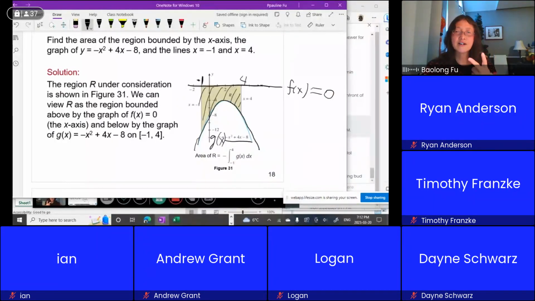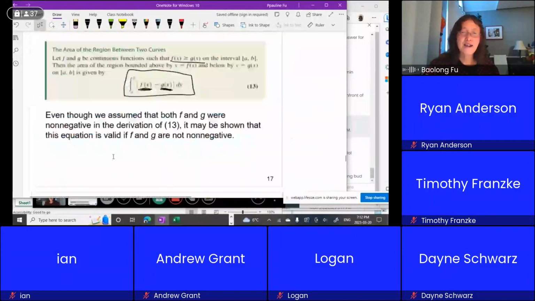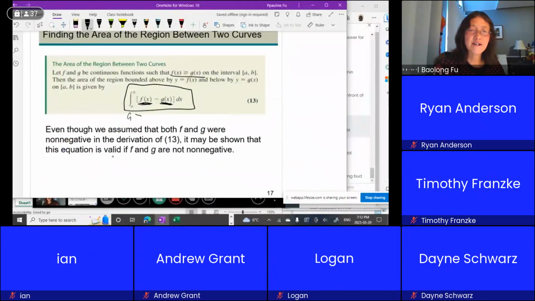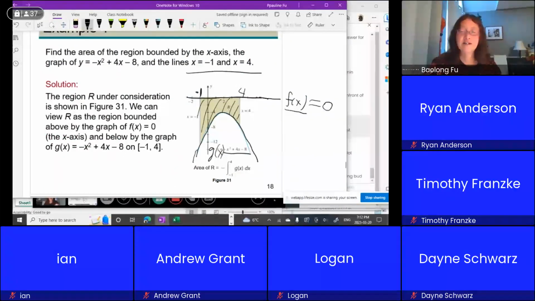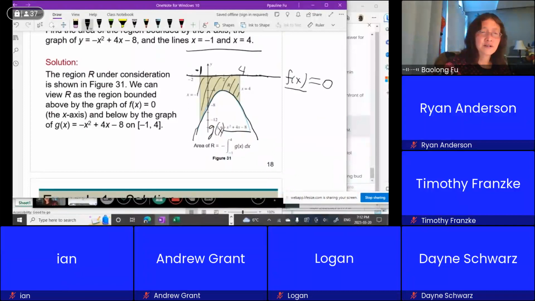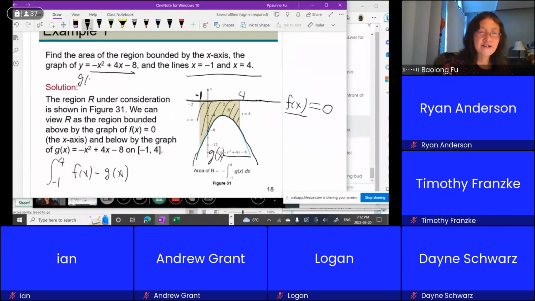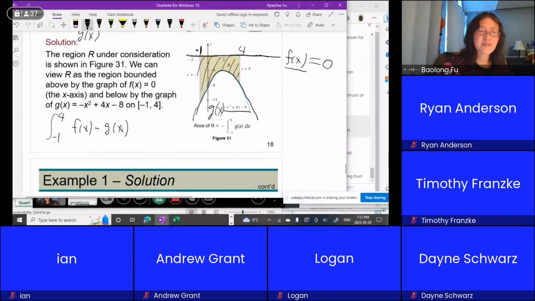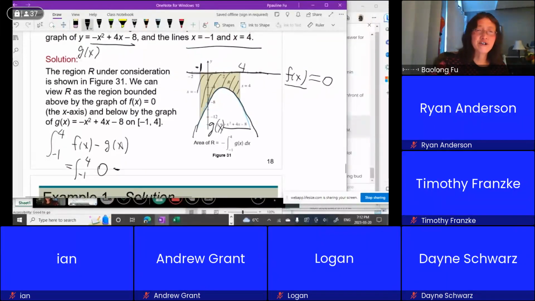So we got two functions, f(x) and g(x), and then plug into the formula from a to b. a is -1, b is 4 in our example. f(x) minus g(x), so f(x) is 0, minus g.